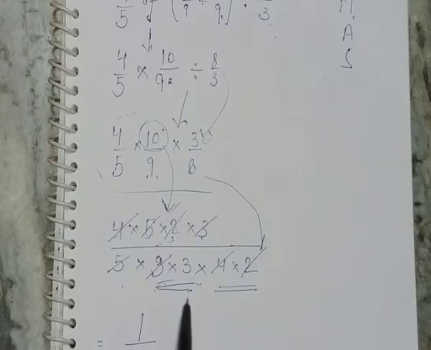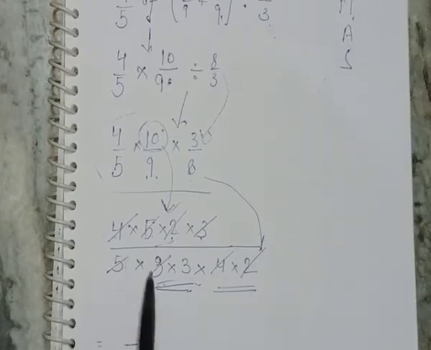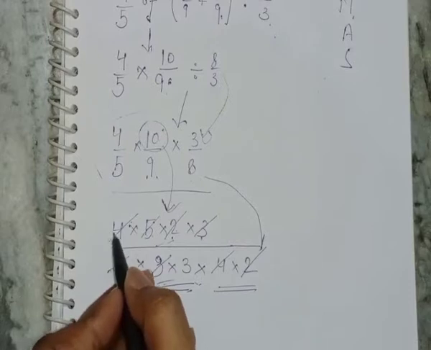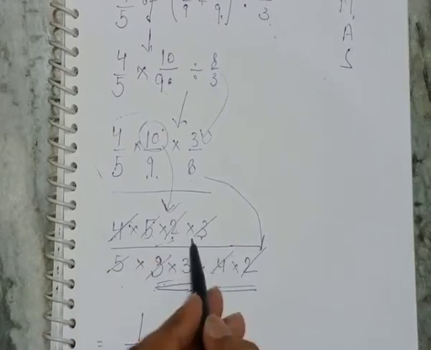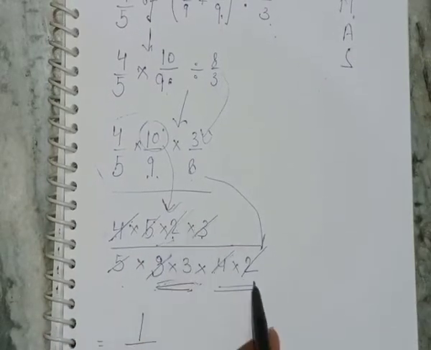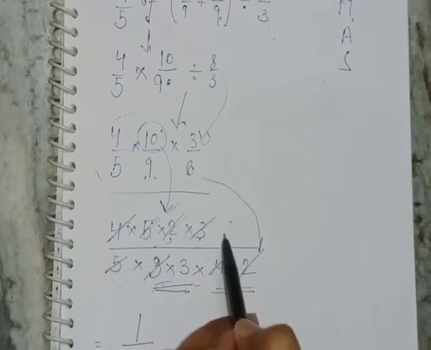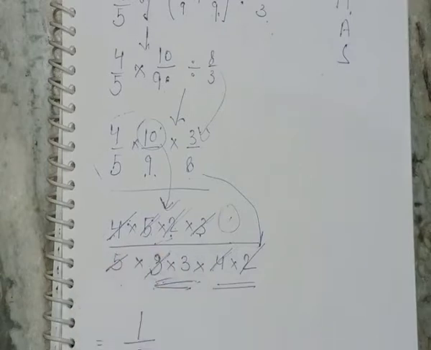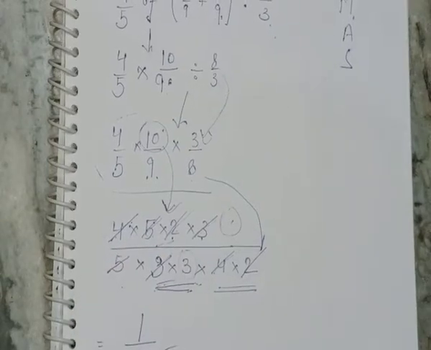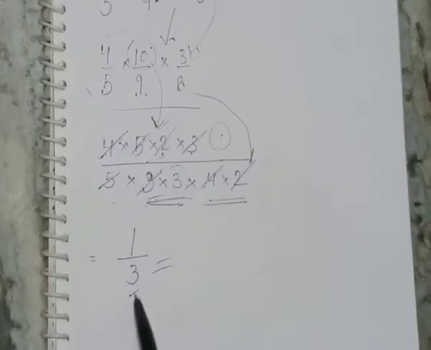Now we will cancel the common numbers, like 4 and 4, 3 and 3, 2 and 2, and 5 and 5. What remains in the numerator is 1, and in the denominator there is 3. So 1 by 3 will be the answer.